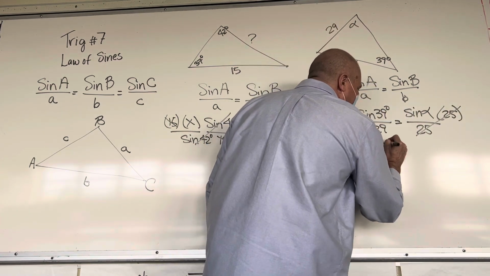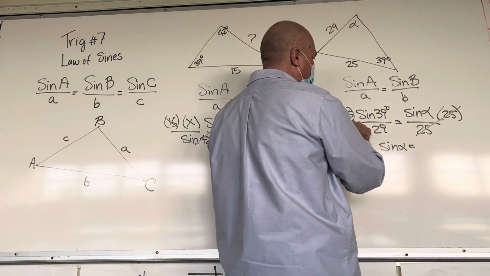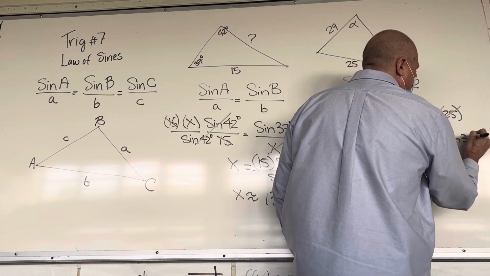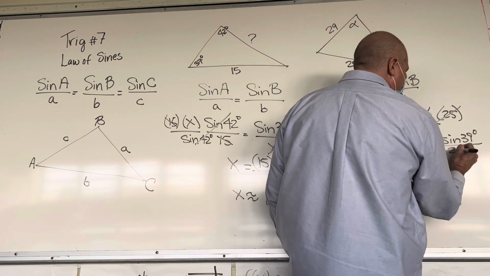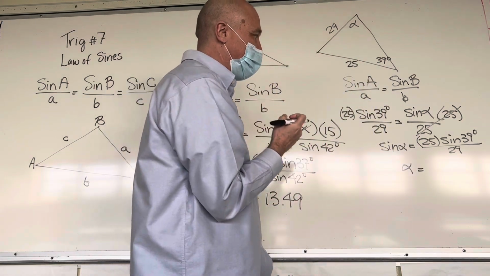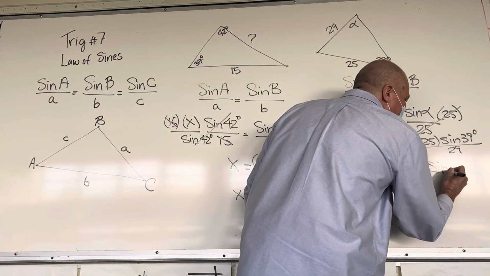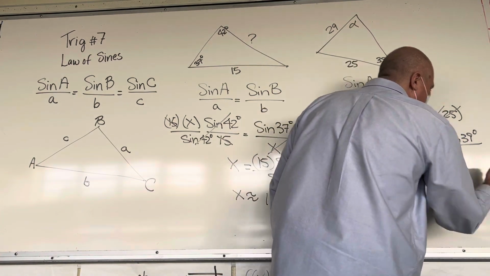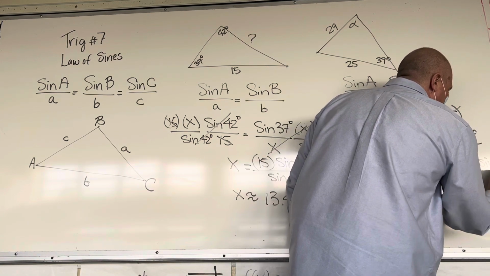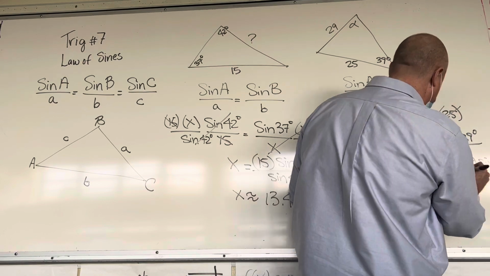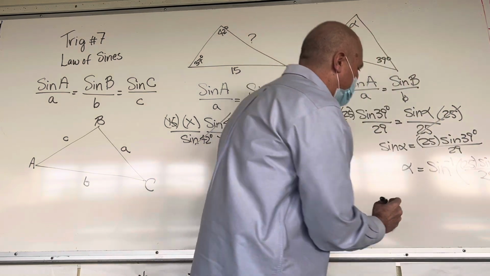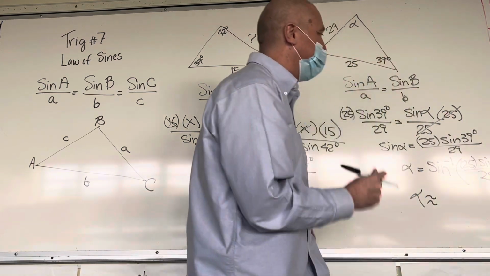I'm going to say sine alpha on this side is equal to 25 times sine 39 degrees divided by 29. And then we need to do the inverse operation of the sine and move it over to this side and say sine to the -1 of all of this: 25 times sine 39 degrees over 29. There we go. And we say alpha is approximately equal to.